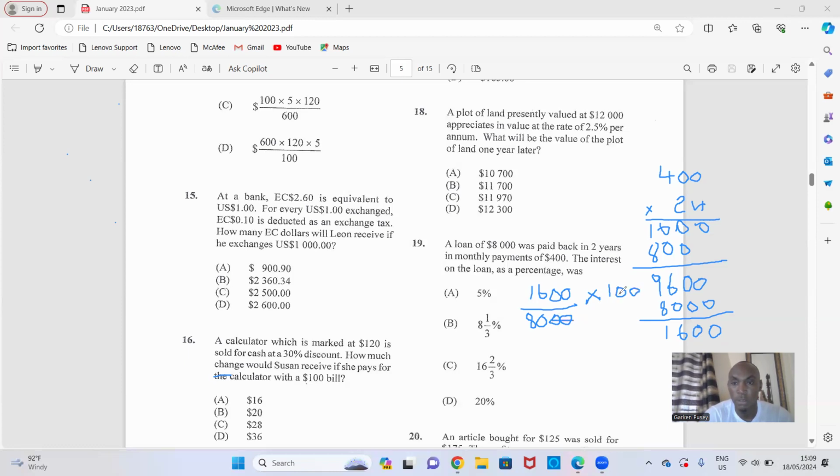So these 2 zeros cancel these 2 zeros. And this one can cancel 1 up here. So 8 can go into itself 1 time, and 8 can go into 16 2 times. So we're left with 2 and a 0, which gives us 20. So it means the percentage is actually 20. So it's 20% for question number 19. You can pause the video as you like, but we are moving along in the interest of time.